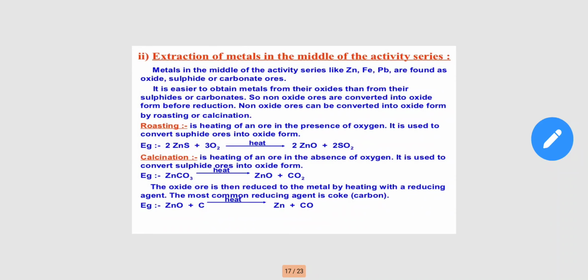The oxide ore is then reduced to the metal by heating with a reducing agent. The most common reducing agent is coke, which is carbon. So zinc oxide reacts with coke or carbon and heat, and we get pure zinc metal, and carbon monoxide, which is also a gas, evaporates.